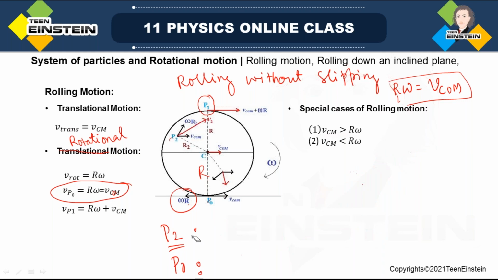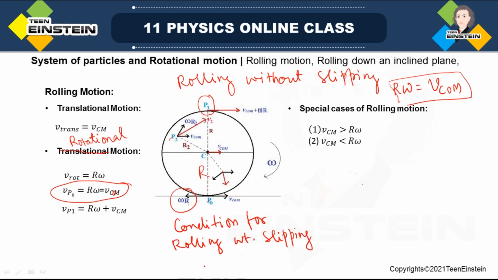So what is the condition for rolling motion without slipping? VCOM is equal to R omega.